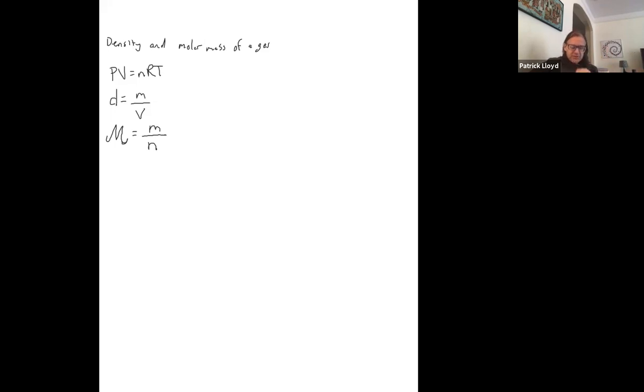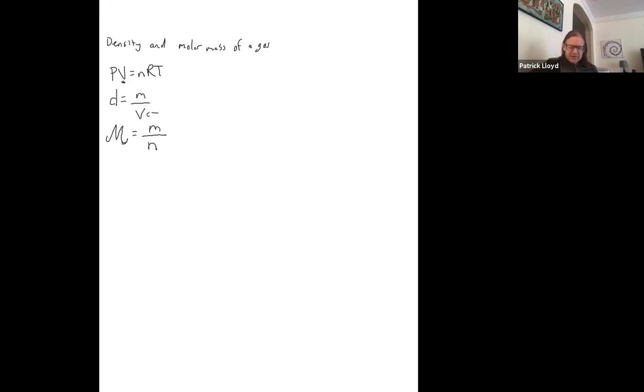And what I'm going to do is use these three equations to modify the ideal gas law. Let's focus on volume first. We have volume right here, and the volume is also in the density equation.